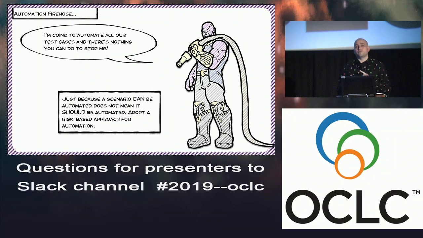So it's important when you're automating to do so in a way that will generate the most value for your company. And not just automate everything, but automate strategically about what is important for an overall plan, and then tactically, when you actually put it into place, is something that is valuable, that is consistent, and that will allow the stakeholders to see that the state of our application is good.